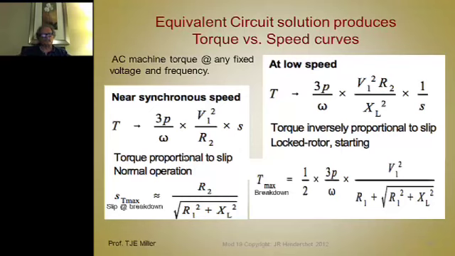These are the formulas to calculate the torque speed curve for the equivalent circuit. These formulas can be put in a spreadsheet, and you can generate the curves for a bunch of different values of voltage and frequency, and then curve fit those and make a plot.